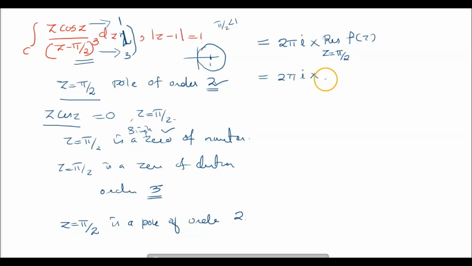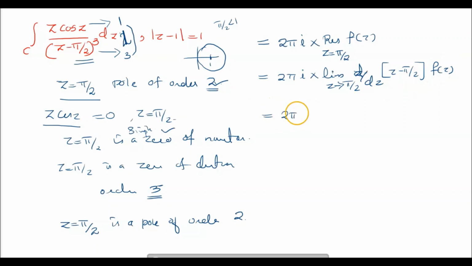Now z equal to pi by 2 is a pole of order 2, so we have the formula: limit z tends to pi by 2, 1 by 1 factorial, d by dz of (z minus pi by 2) whole square into f(z).